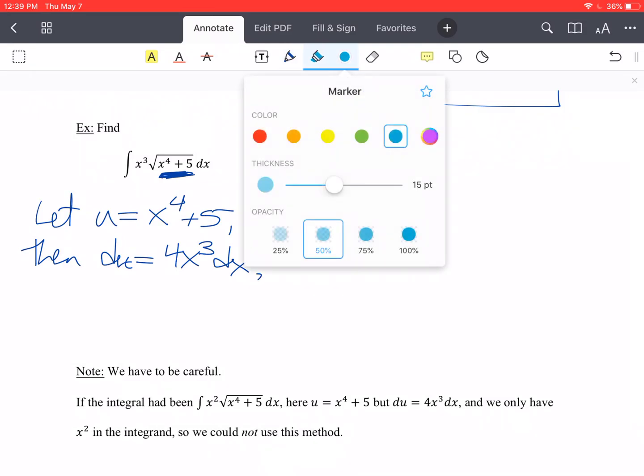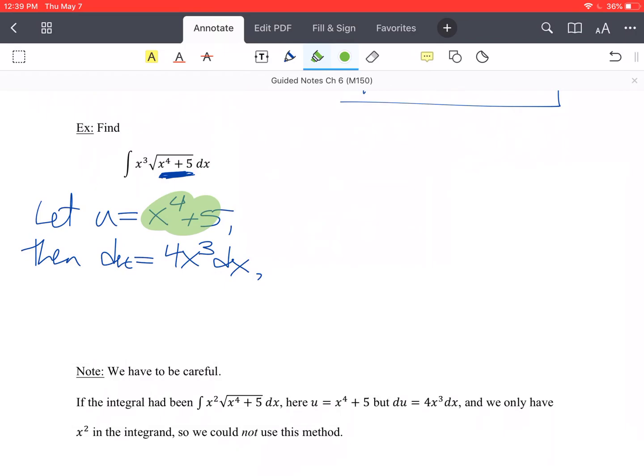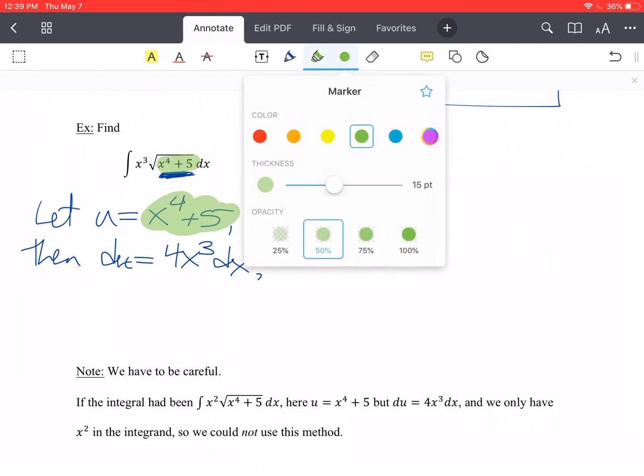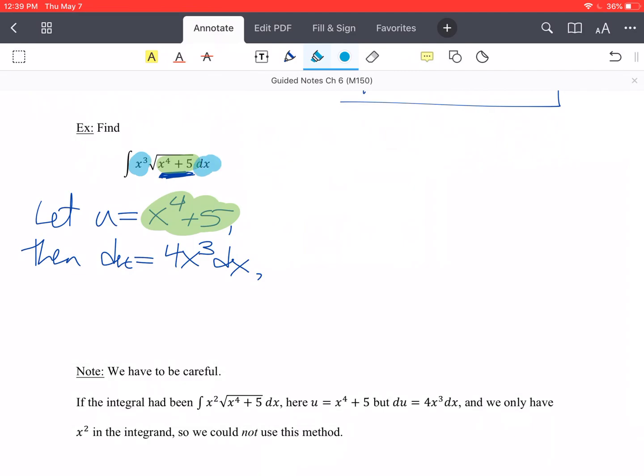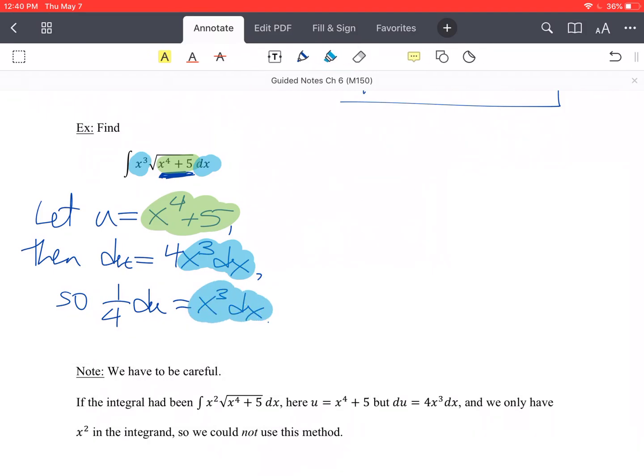Now if we look at how this matches up, that covers that, and x cubed dx is right there. But it has an extra multiple of 4 that we don't need, so we're going to divide the 4 away. So we get 1/4 du equals x cubed dx, and now that's going to match perfectly with our integrand.